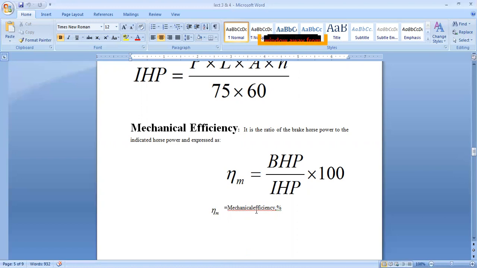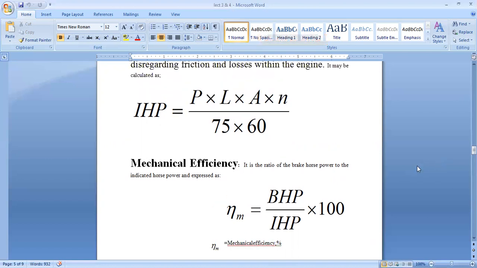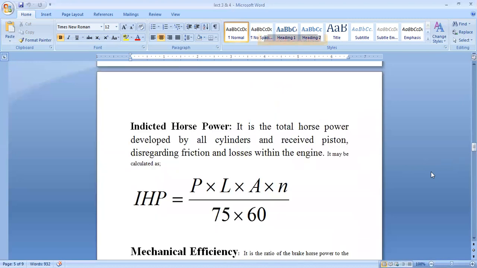Lambda M is the mechanical efficiency in percentage, BHP is the brake horsepower and IHP is the indicated horsepower.